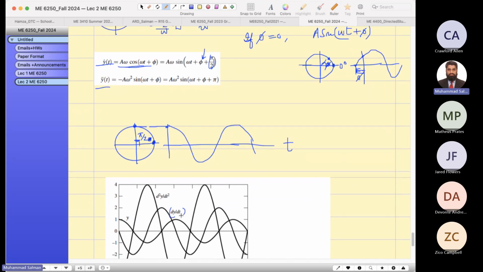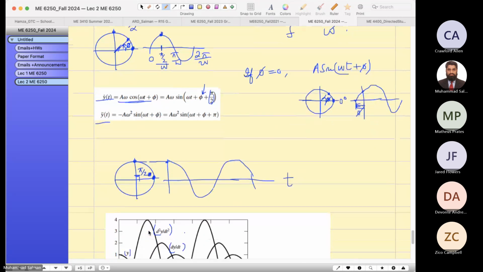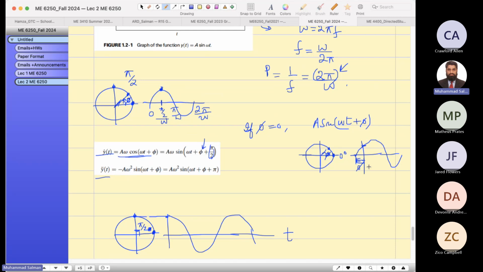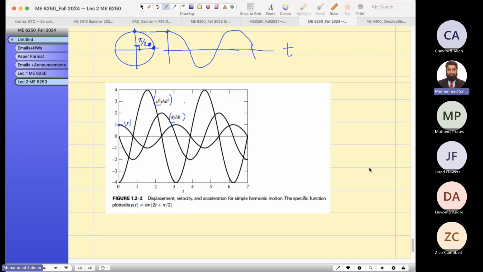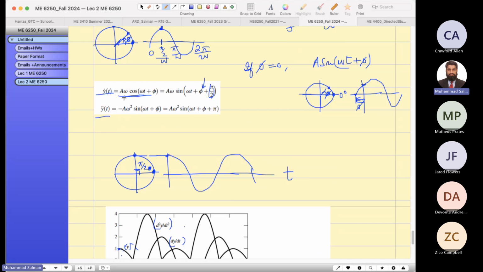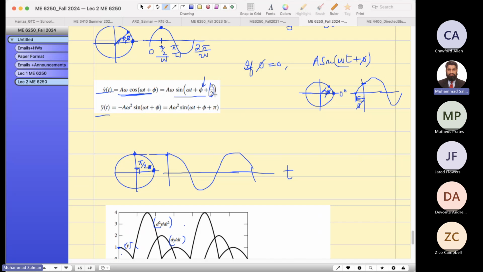This is our velocity, this is our acceleration, this is our displacement. This is not exactly starting from zero because, as I mentioned, this has some phase lead, which is phi. So this is out of phase. Usually it should start from here, but it is out of phase by pi by 2. That's why we have cosine, or sine plus pi by 2.